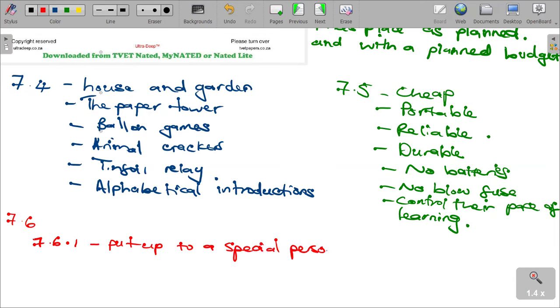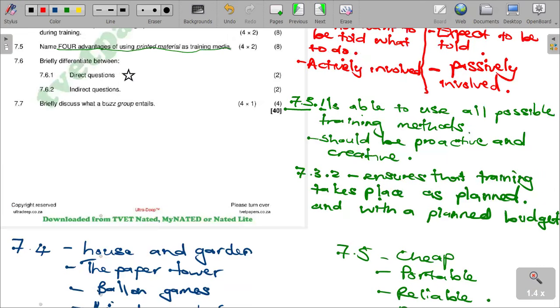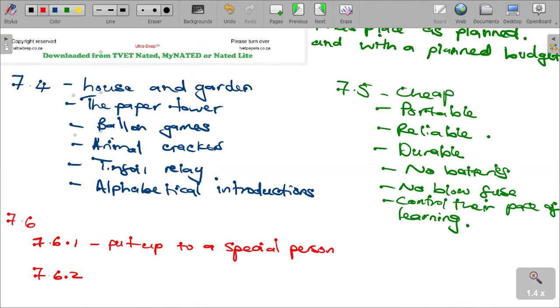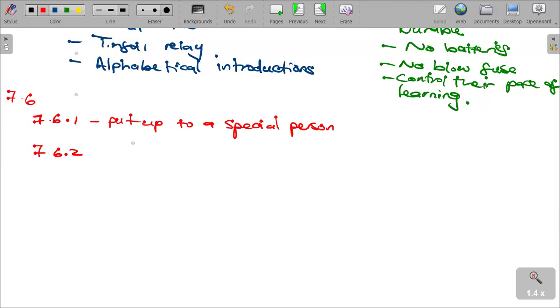And then 7.6.2, differentiating between direct and indirect questions. Indirect questions are put to a group, not to the individual. In general, no specific individual is required to answer that question, right?